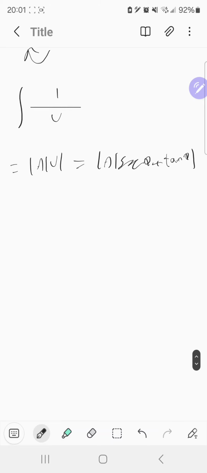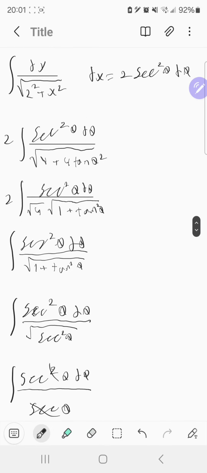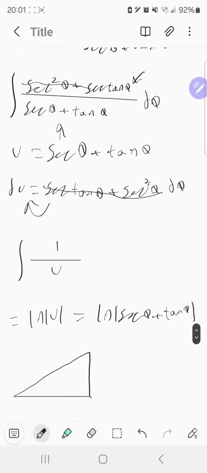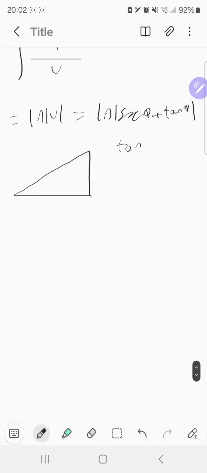Now we just have to incorporate this into our right triangle, since we're working with secant and tangent. We set up above that u is equal to a tangent theta, so tangent theta is equal to u over a, which is x over 2.